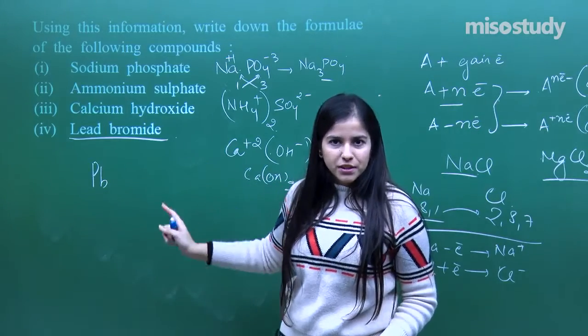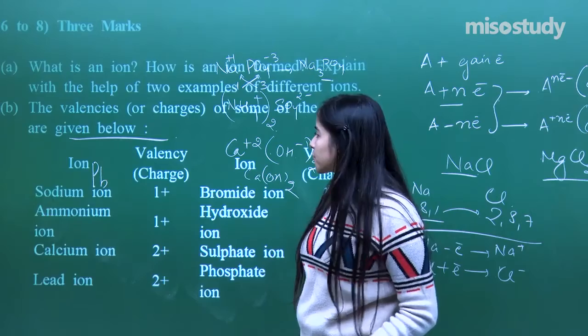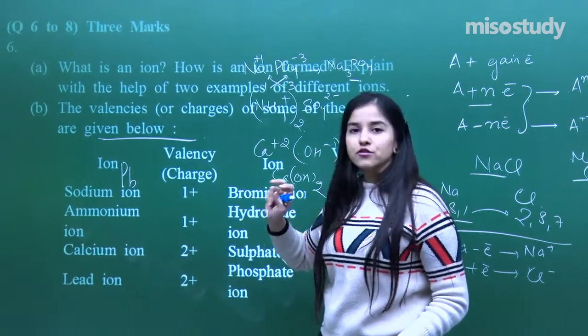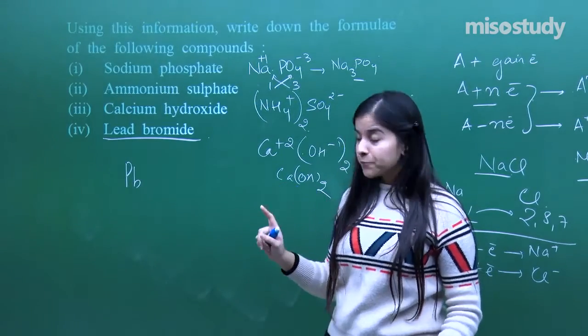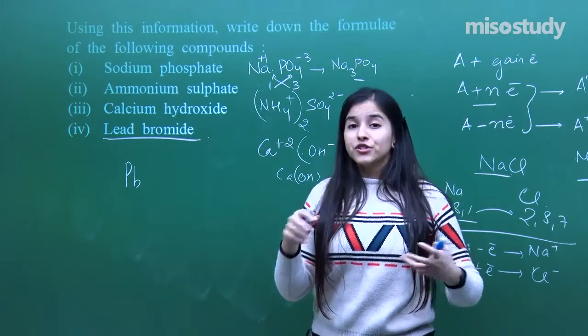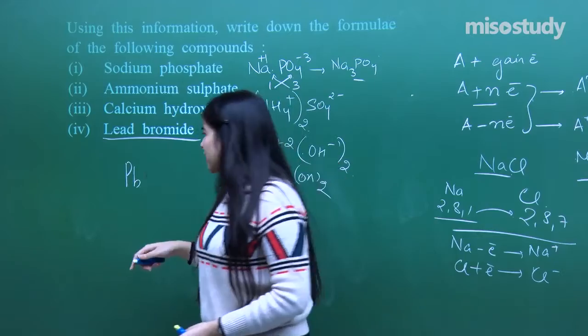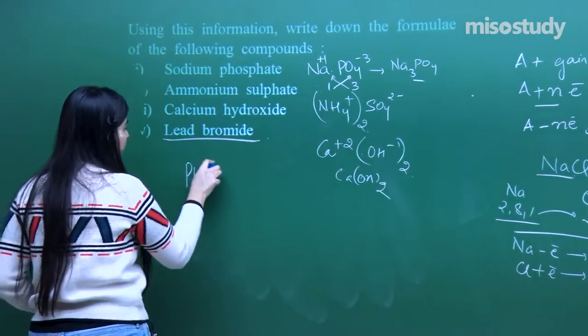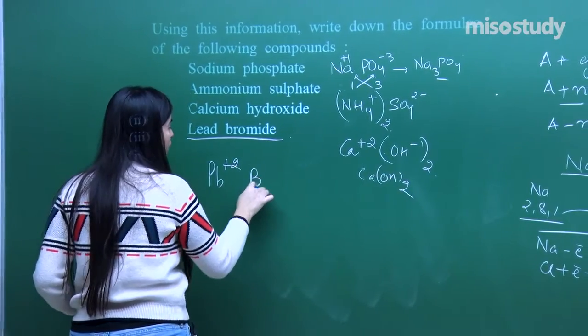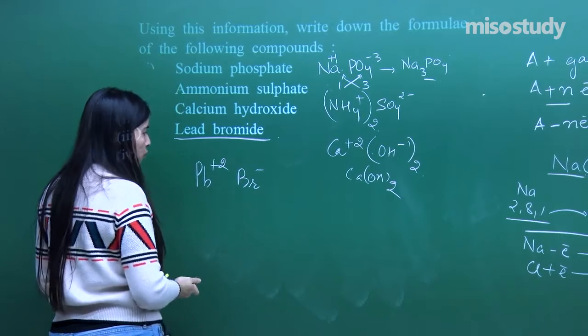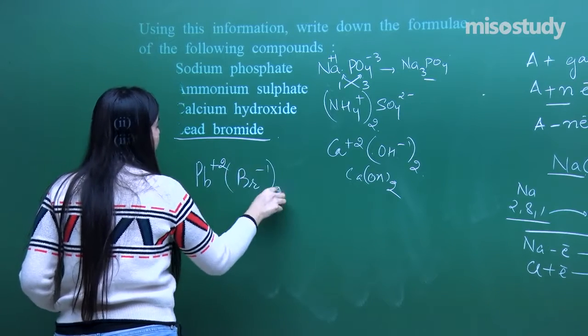So we need to check in the question what they have actually demanded. Lead ion +2, so we need to consider +2. So don't just go by the data which you have in your mind, try to verify it with the given data. +2, bromide, bromine, -1, make it twice and we got it.